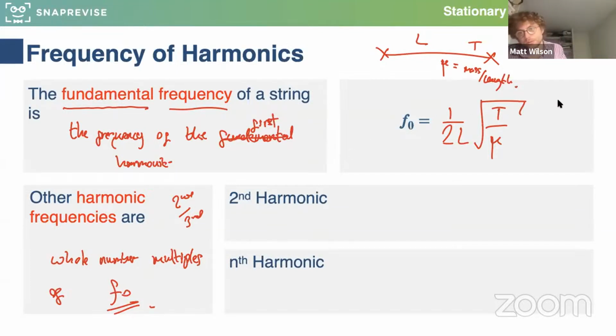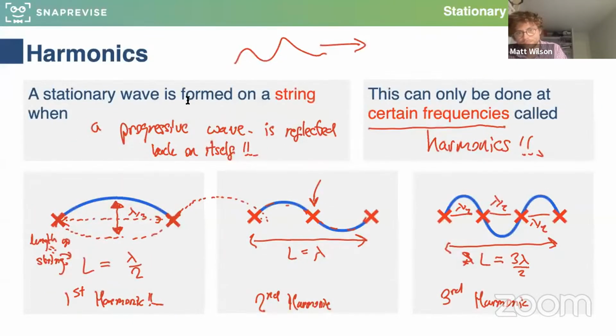So remember in the first harmonic, the length of the string is the wavelength over 2. Actually, if we go back to this previous part, let's rearrange for the wavelength for a second. We had wavelength equals 2L.